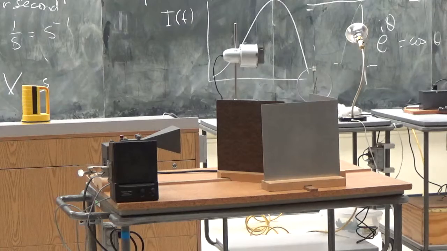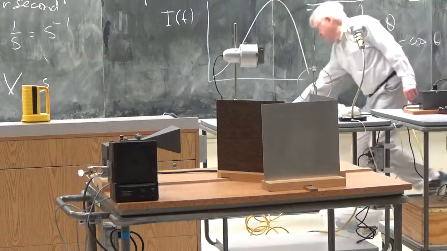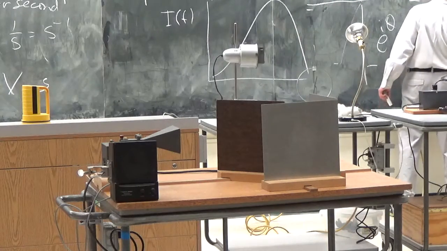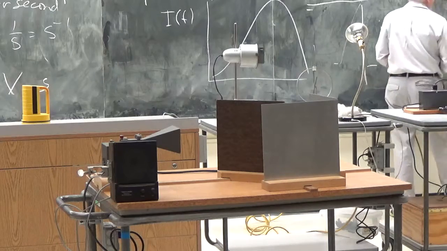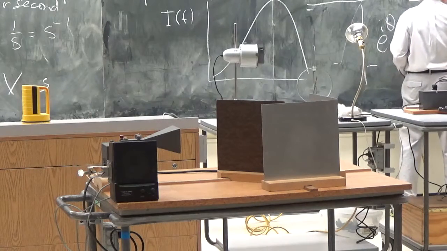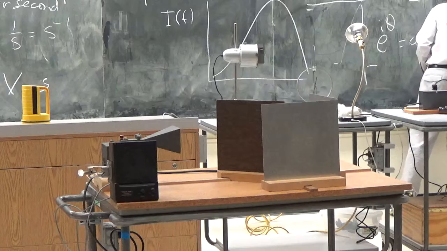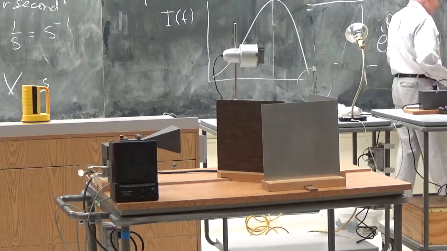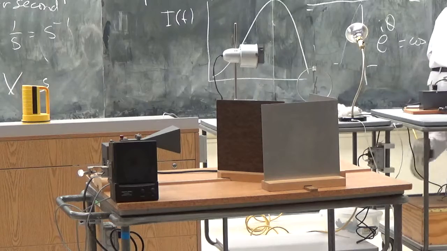The wave looks like this. The waves look like that. And if you have two waves that are coming in, let's say one of them is yellow, and they're in phase, then they add. So the total looks like that. And so then the question is, how do we get them in phase?